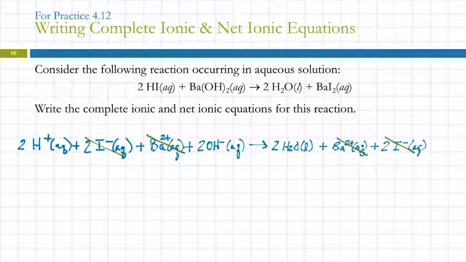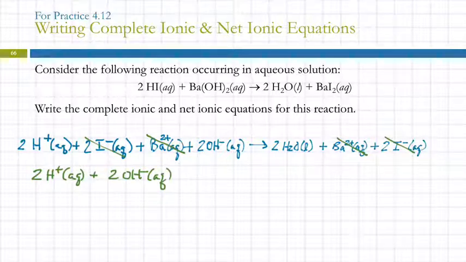So then we're going to just copy down everything that's left. So I've got two hydrogen ions and two hydroxide ions. And in my products, I've got two water molecules. So that's pretty good. We could make it a smidge better.